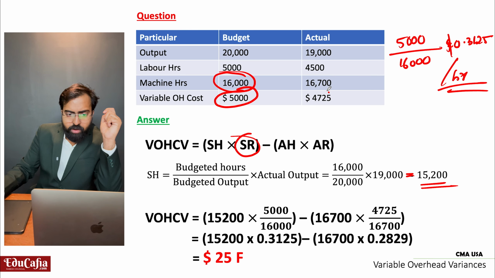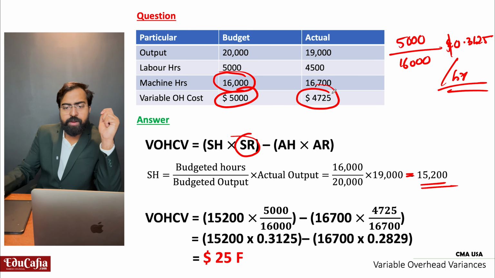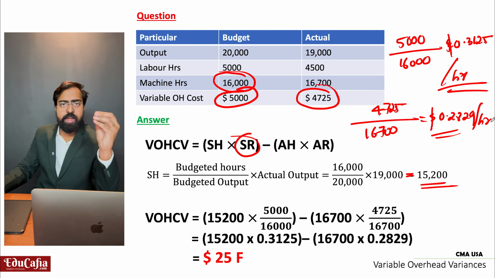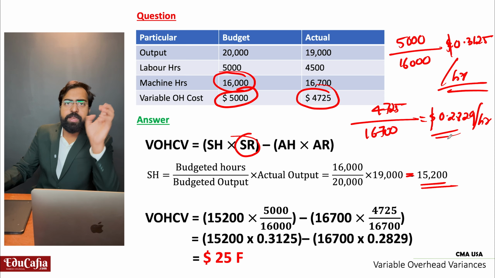Here you can see $4,725 for 16,700 hours. So per hour, that is $0.2829 per hour. So every hour this charge will be accumulating. So we got everything, right?